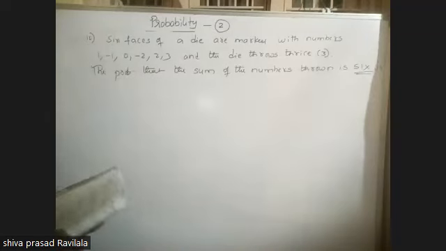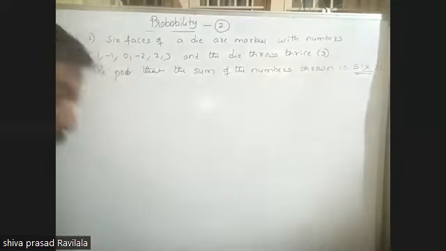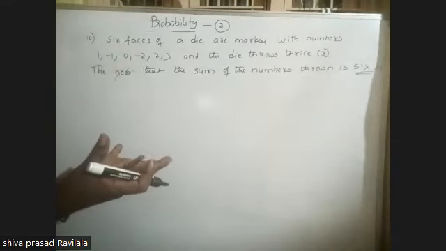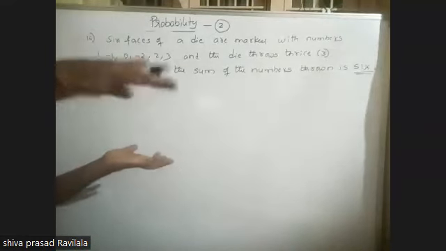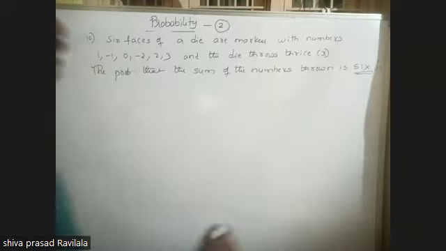6 faces of a die are marked with numbers 1, -1, 0, -2, 2, 3, and the die is thrown thrice. Die is thrown thrice means N of S is equal to what? The probability that the sum of the numbers thrown is 6. That means if you throw all these 3 dice and add all the top numbers, that will be 6.